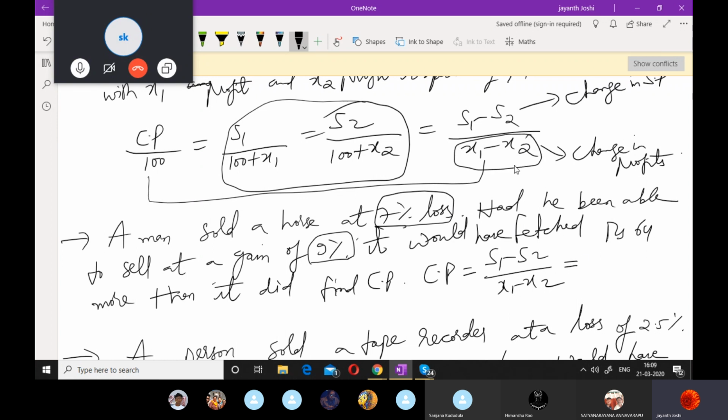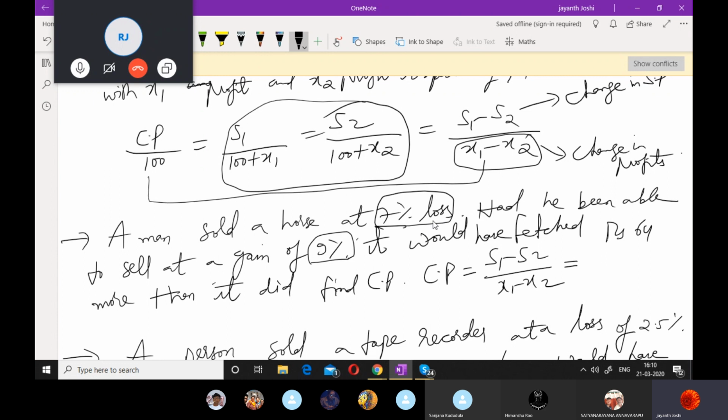It would have fetched rupees 64 more than it did. So 64 more than it did is nothing but change in selling prices.